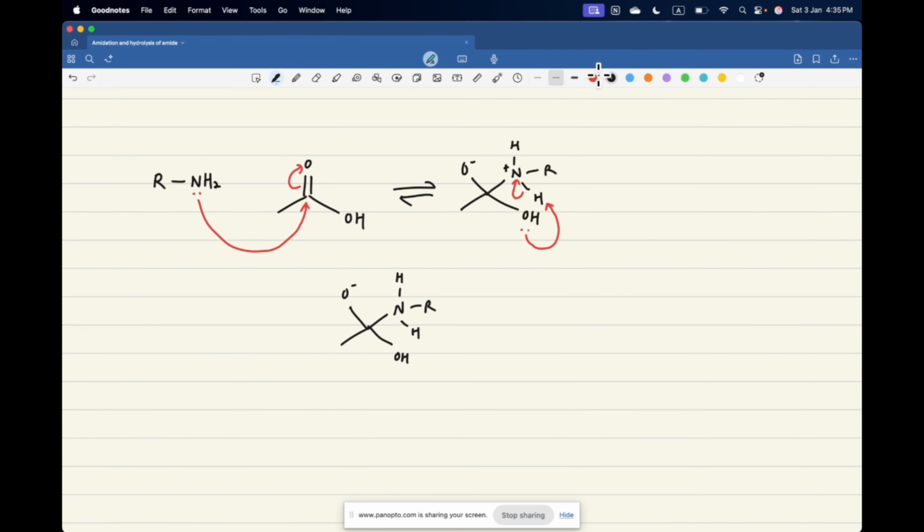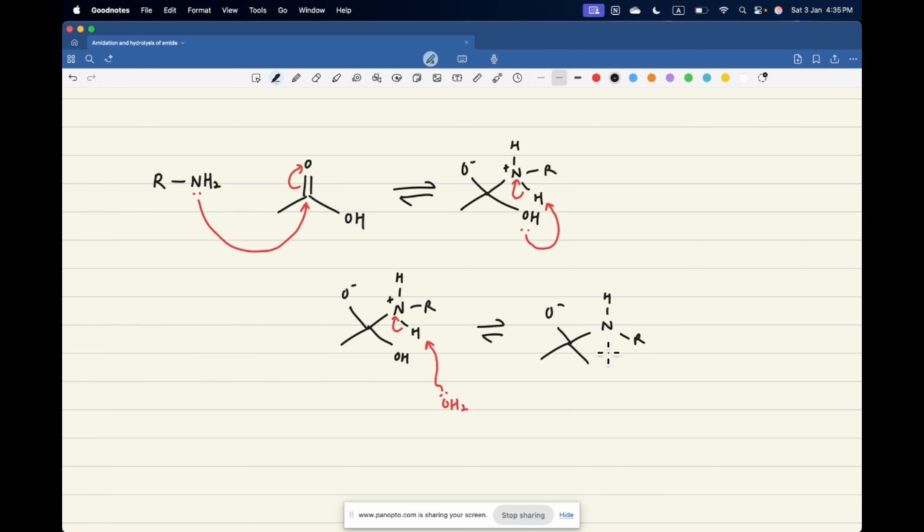In reality, what's going to happen is a water molecule is going to grab this hydrogen from the nitrogen, and this gives back the electrons to the positive nitrogen, and then we'll get something which looks like this.